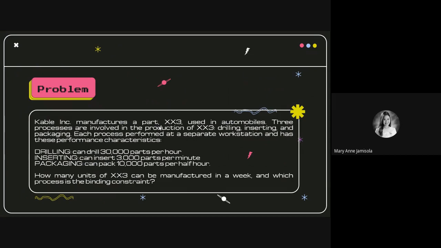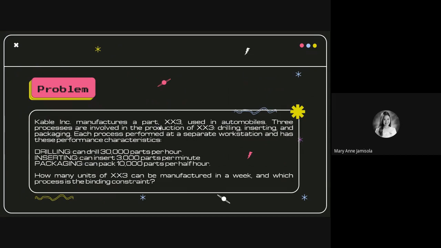Then packaging is 10,000 parts per half hour. So let's all convert it into an hourly basis. How many parts can we insert per hour? How many parts can you pack per hour? So the requirement here is for us to determine how many units of part XX3 can be manufactured in a week and which process is the binding constraint.